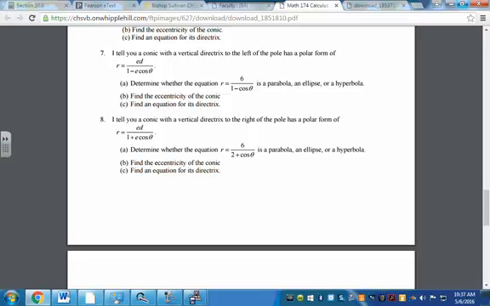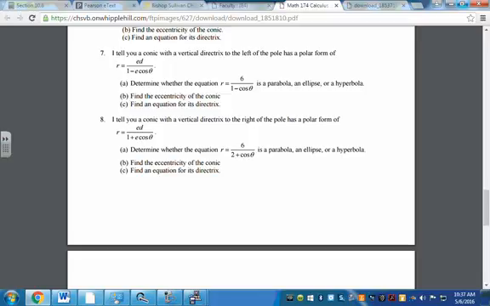But I would trust that multiplying by 1/2 over 1/2, you're multiplying by 1 so it doesn't change. And why do you do that? Well, because now it forces this thing to be a 1. So you get 3 on top, and you get 1 plus 1/2 cosine theta. Eccentricity is a half. The curve is an ellipse.